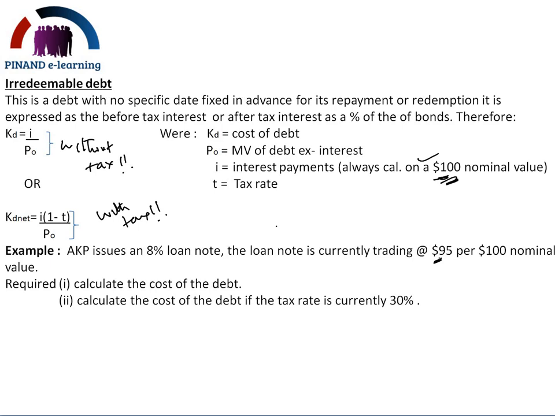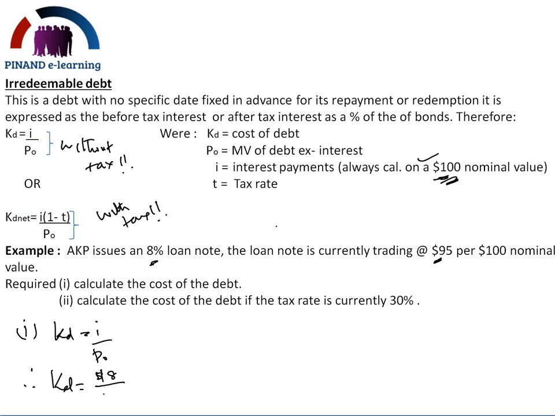So let's do the two. Now for the first one, it's simple. We say KD. Remember, no tax for this one, I over PO. Now, what it means is that cost of debt is equal to 8% times $100, which is $8, over the market value. They didn't tell us whether it is ex interest or cum interest.